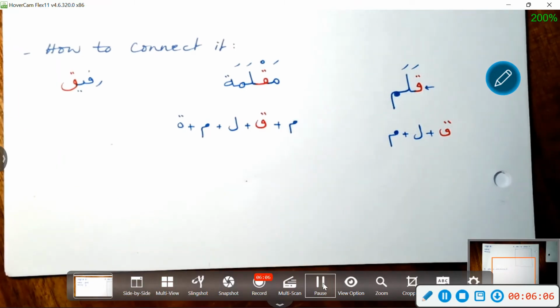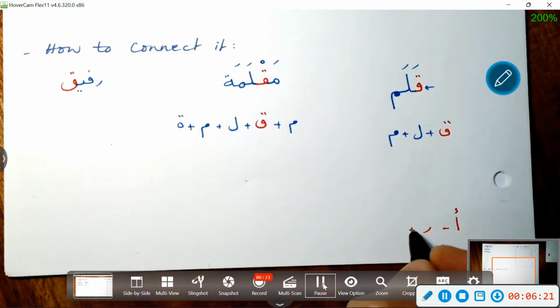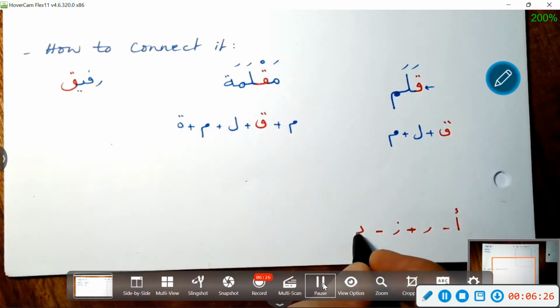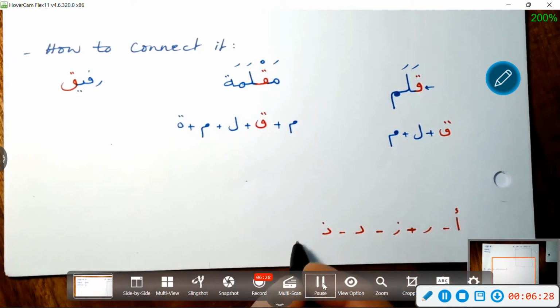And as a review, all letters connect from the right side, but some letters don't connect from the left side, which are Alif, Ra, Zay, Dal, Dal, and Waw. These letters don't connect from the left side, but all the letters connect from the right side.